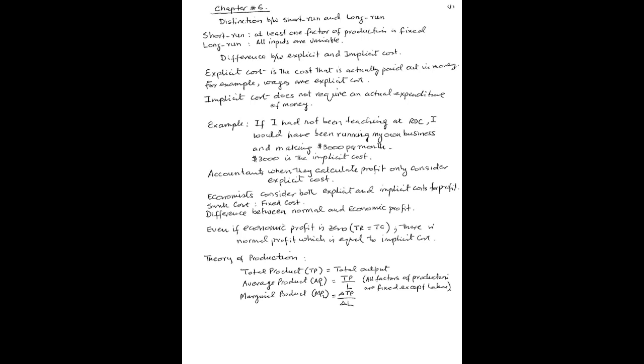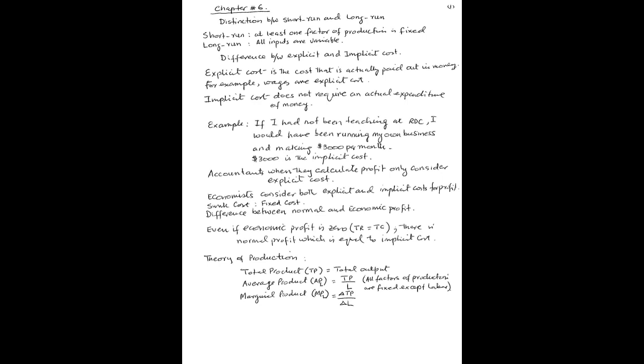Then we have two different concepts of cost: explicit and implicit cost. What is explicit cost? Explicit cost is the cost that is actually paid out in money, in the form of currency. For example, wages are explicit costs because you are paying out of your pocket to workers. Implicit cost doesn't require an actual expenditure of money.